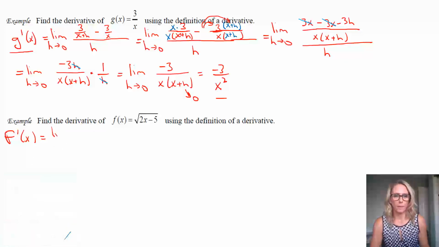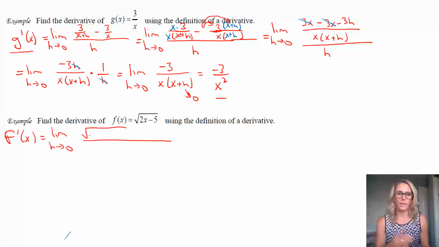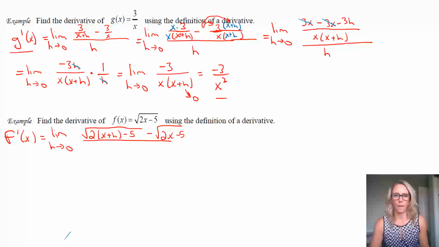So I need my limit as h goes to 0, because I'm just going to take the derivative. Okay, so now we've got the square root of, we need f of x plus h. All it is, change x to x plus h. That's it. And then we subtract our function, and then we divide by h.